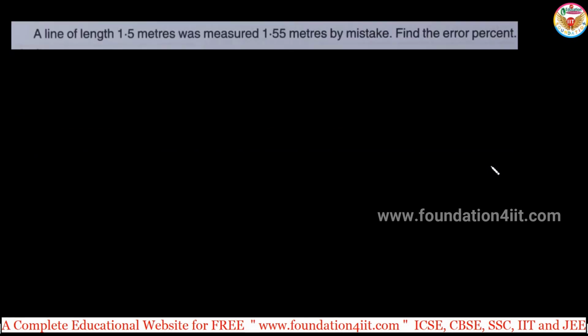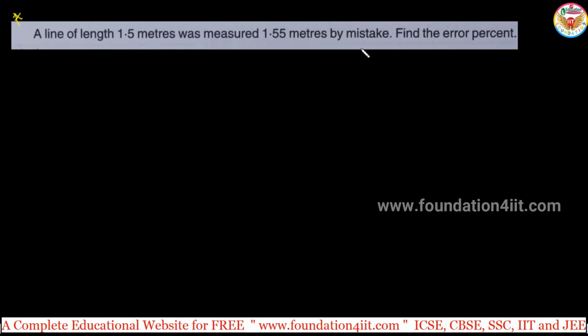This is the question. A line of length 1.5 meters was measured as 1.55 meters by mistake. Find the error percentage. It is the same idea. If you want the error percentage, it is the error value by the original value into 100.